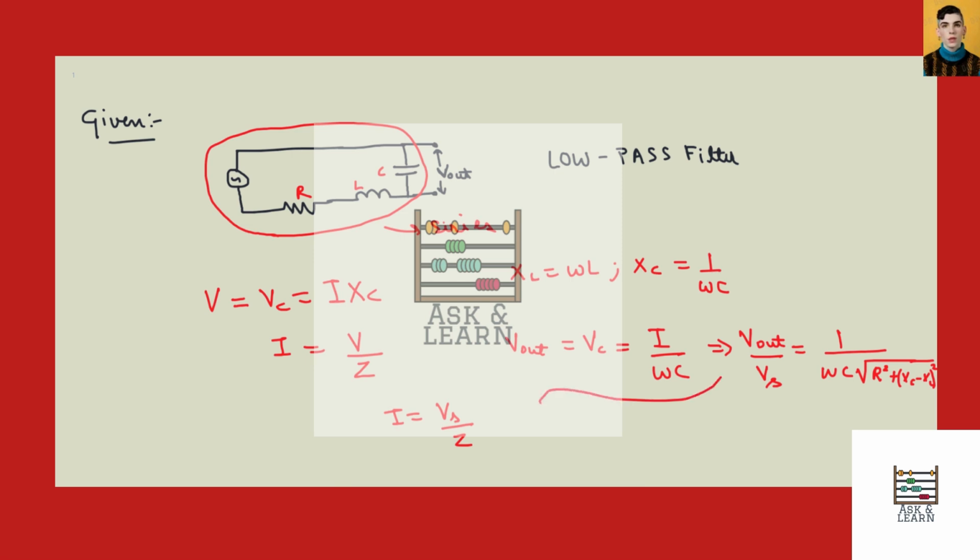This relation is as follows: V out over VS equals 1 over omega C, over the square root of R square plus XC, which is 1 over omega C, minus XL, which is omega L, whole square.